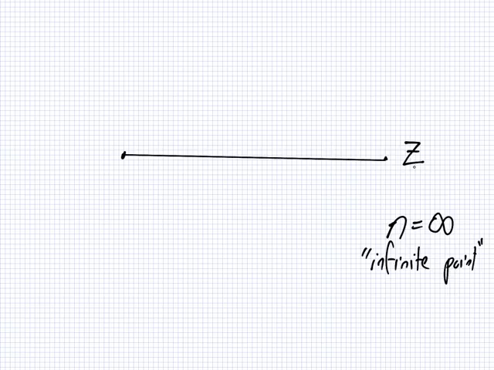If you could make n equal to infinity, that means you have infinite points, and you try to plot your z variable, this special variable that has an average of 0 and a standard deviation of 1, you get this perfectly smooth bell curve. It centers at 0 and its standard deviation is 1.